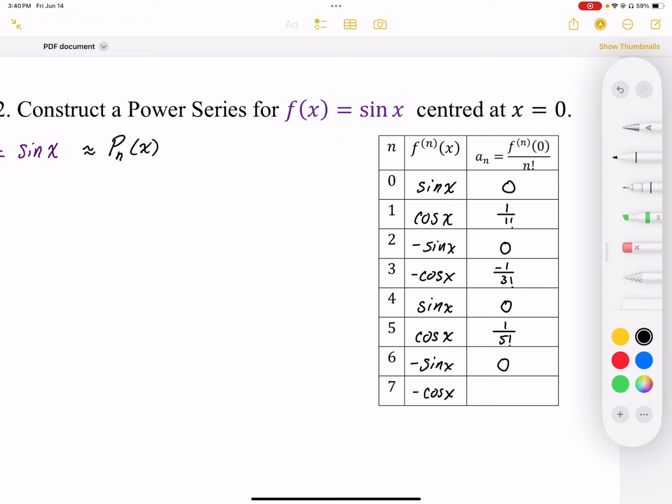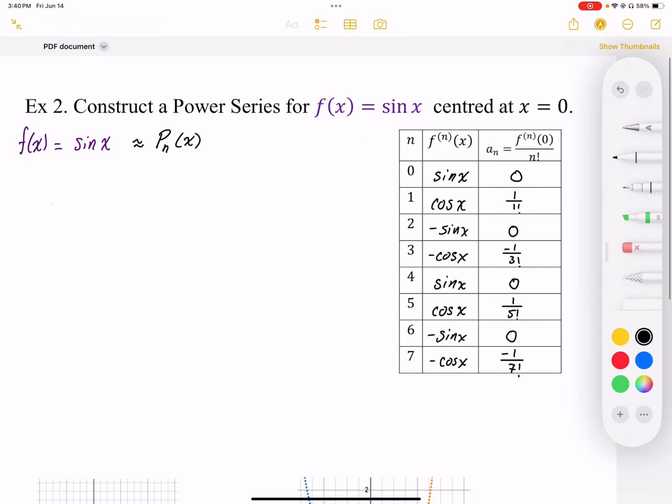Sine of 0 is 0, and cosine of 0 is 1. So negative cosine is negative 1 over 7 factorial, where n is 7. So those represent my coefficients. And then I'm going to build my polynomial power series. That power series for any n value approximates the sine x function.